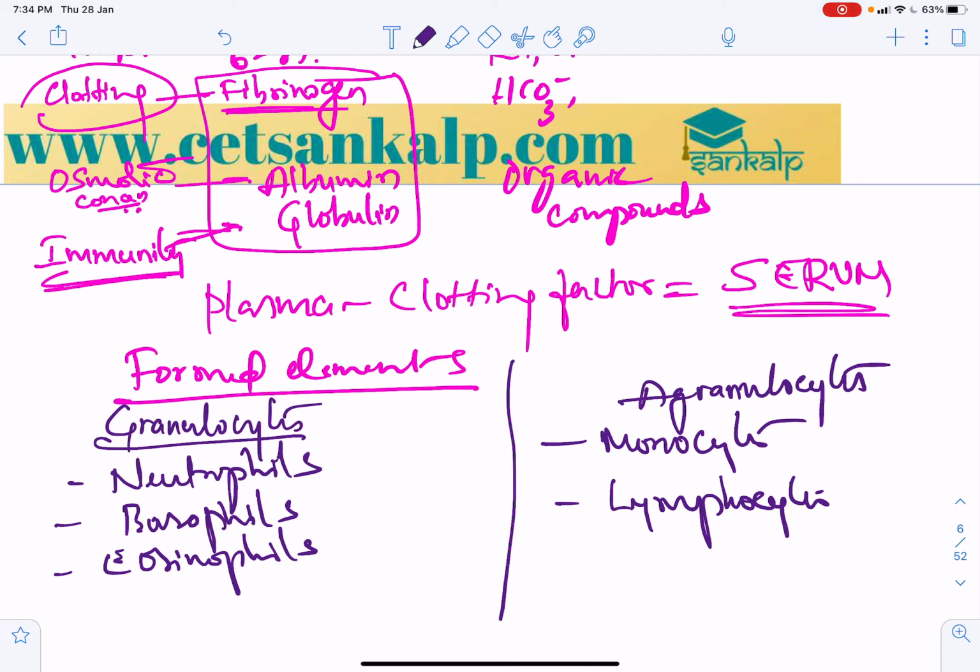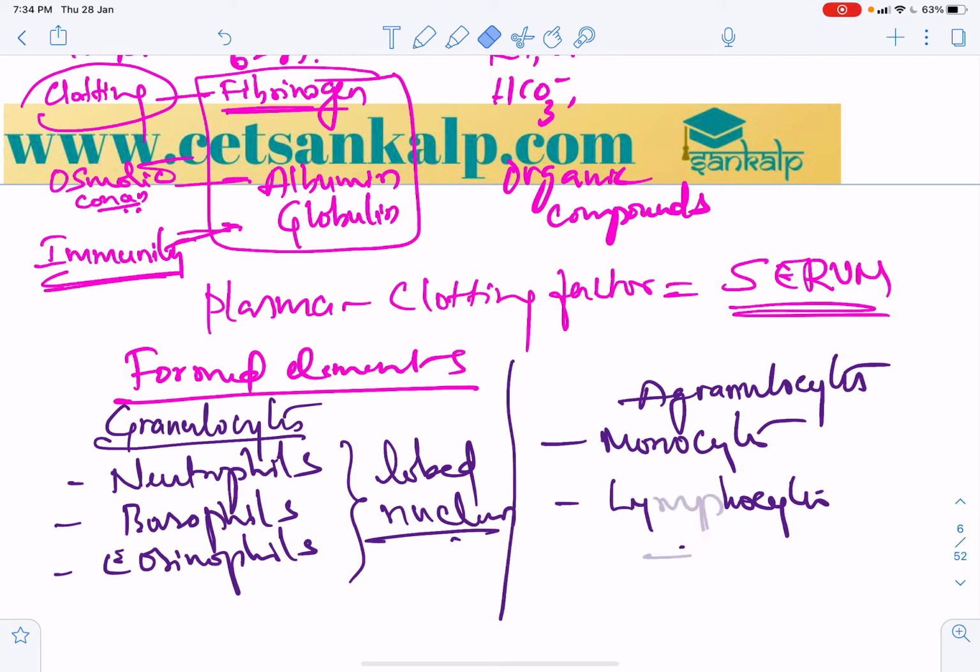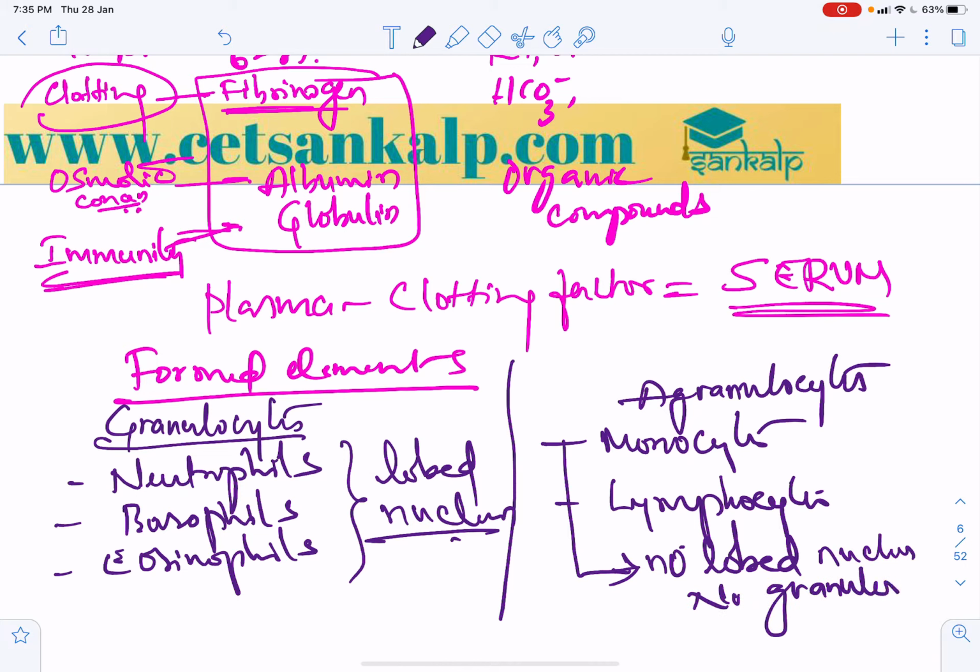In granulocytes, a lobed nucleus will be present, which varies in number. Here, in both of these, there is no lobed nucleus, and no granules are present. Here, cytoplasm with granules is present. This is the very important thing.